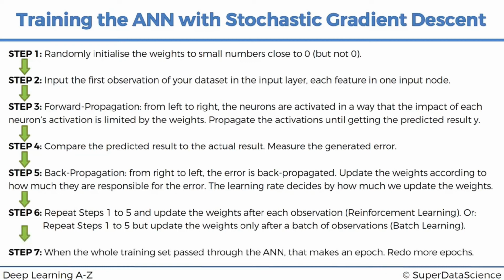And step 7, when the whole training set passed through the artificial neural network, that makes an epoch. Redo more epochs. So basically you just keep doing that and doing that until allowing your neural network to train better and better and constantly adjust itself as you minimize the cost function.